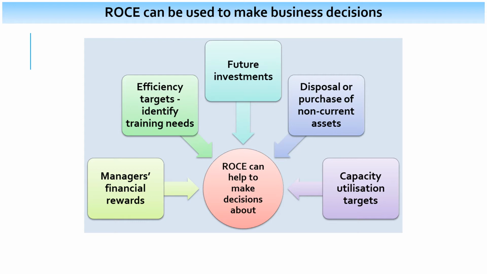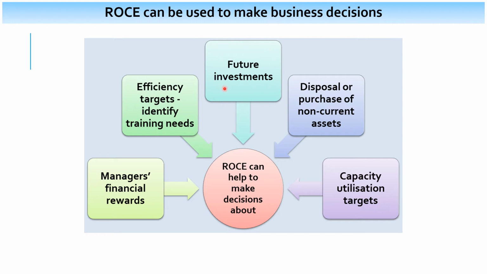So return on capital employed can be used by a business to help make decisions. It can maybe be linked to the manager's financial rewards. If we achieve a certain return on capital, then this might have an impact on your bonus or some performance related pay. If we have a certain target to use our money efficiently within the business, we might be able to identify some needs perhaps for training of employees in order to use the assets within the business more efficiently.